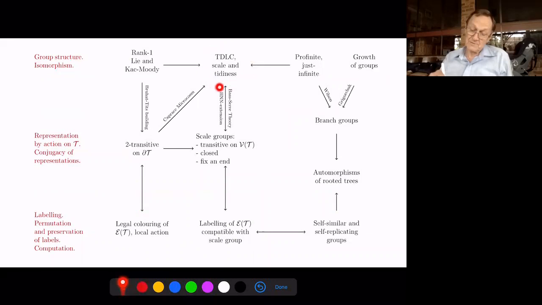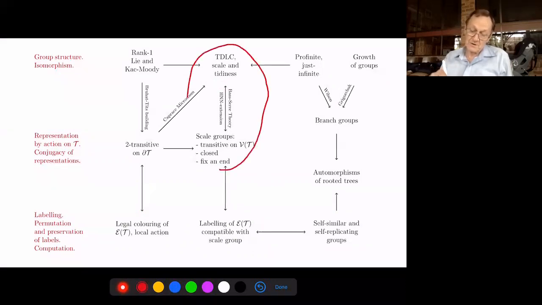So I've now covered this part of the table, and next I want to say something about this section. So the relationship between general totally disconnected locally compact groups, or at least between the scale and tidiness, and a representation on a tree.